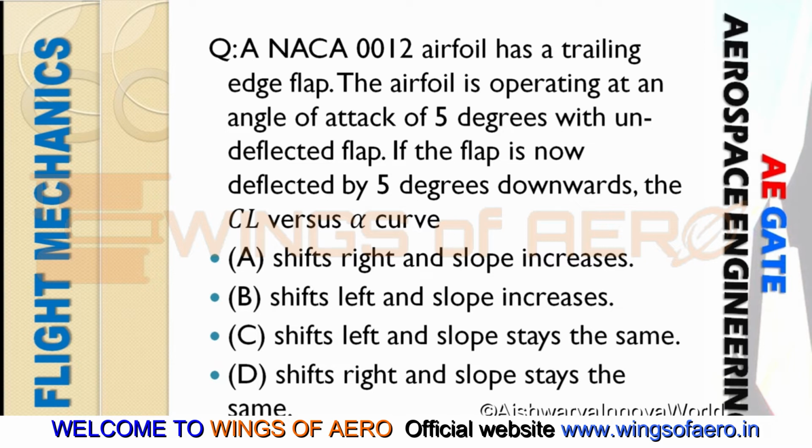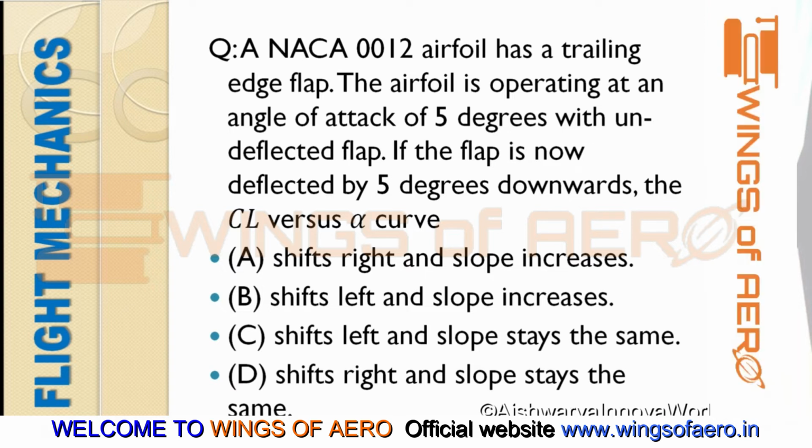So here you have to be clear about the CL versus alpha curve. What is meant by the CL versus alpha curve? That is the coefficient of lift versus the angle of attack curve. And here they have given the NACA 0012, which is a symmetric airfoil, but today we will see how it works.